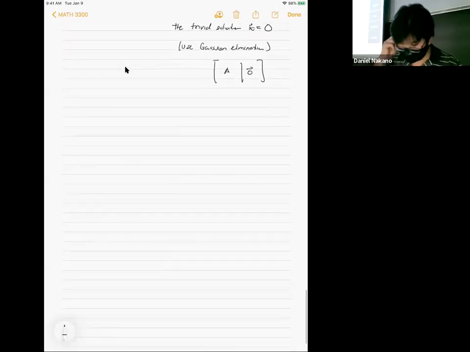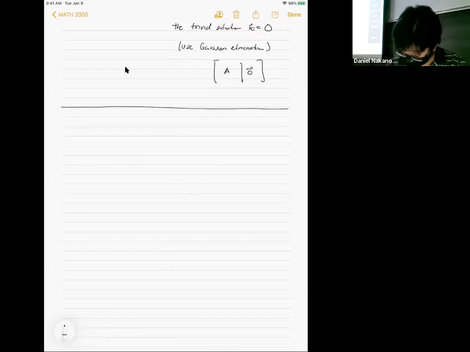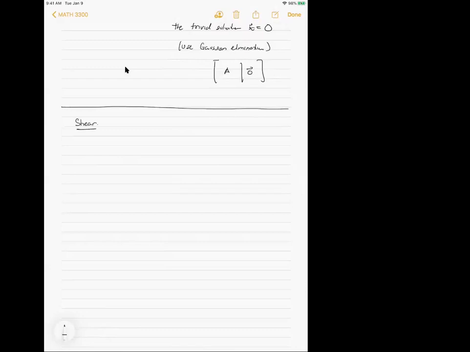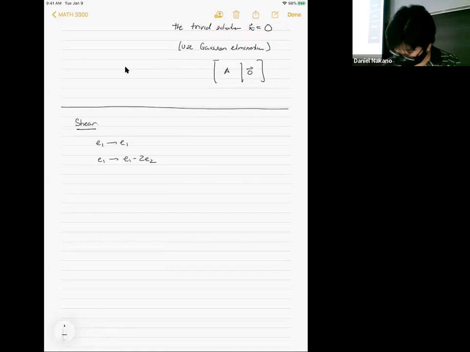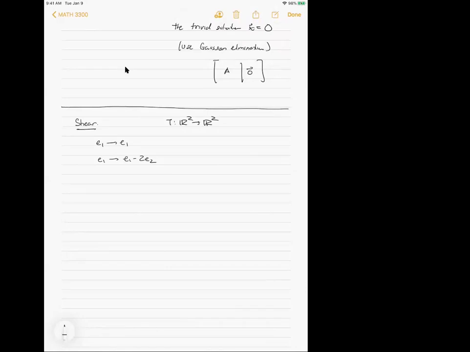All right, so first of all, can you describe the shear for me? The actual shear said e1 stays the same while e2 turns into e1 minus 2e2. Okay, and this linear transformation T is from R2 to R2, right? I believe so, yes.